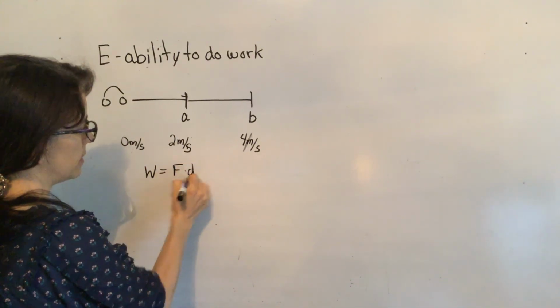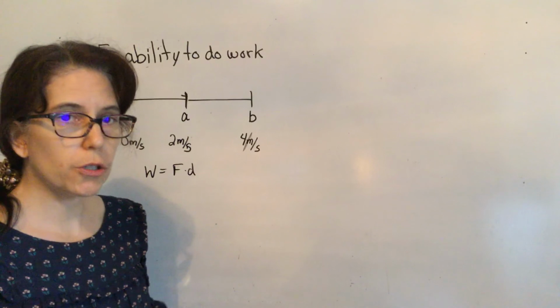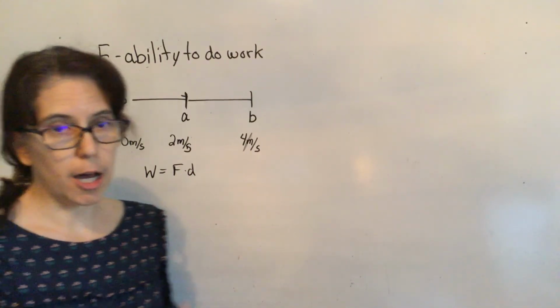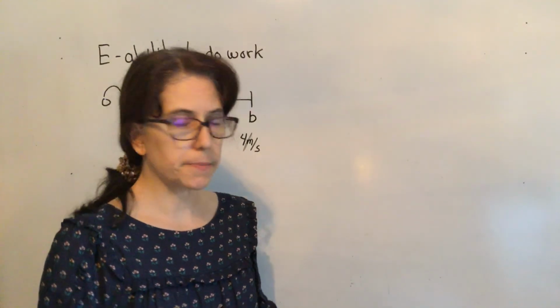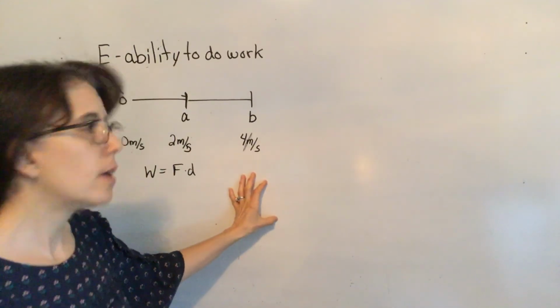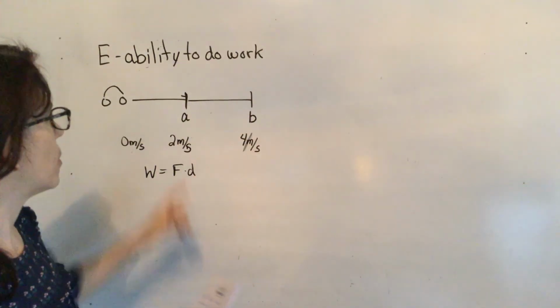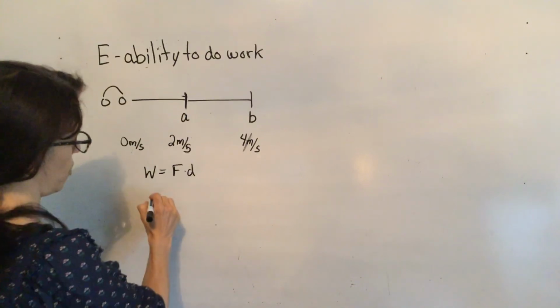force applied across the distance, of work to the energy. We're going to start with the energy of kinetics. So in order to do that, we need to think about work or net work.